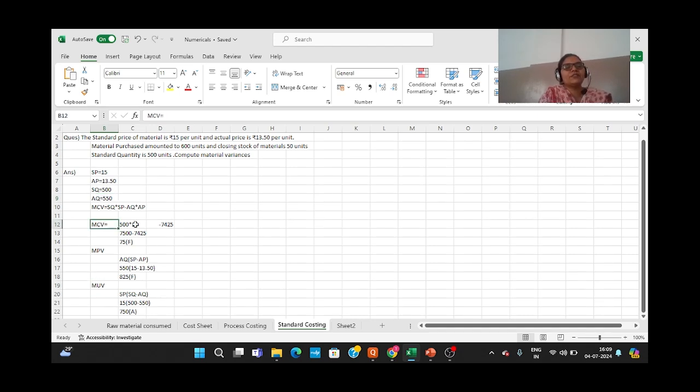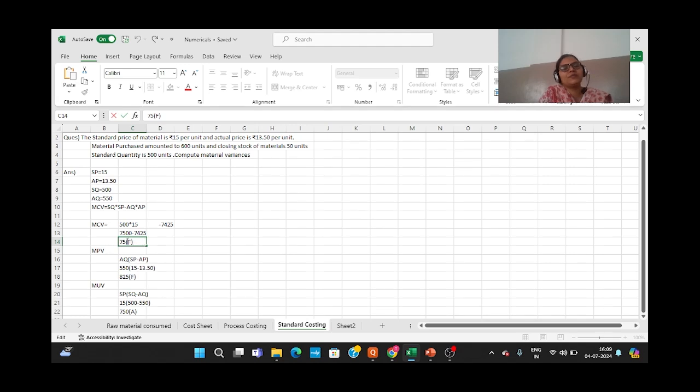The material cost variance formula is standard quantity into standard price minus actual quantity into actual price. We will put all these values in the given formula, and after calculation we will get a value of 75, which is positive. If we are getting a positive variance, we write favorable variance.